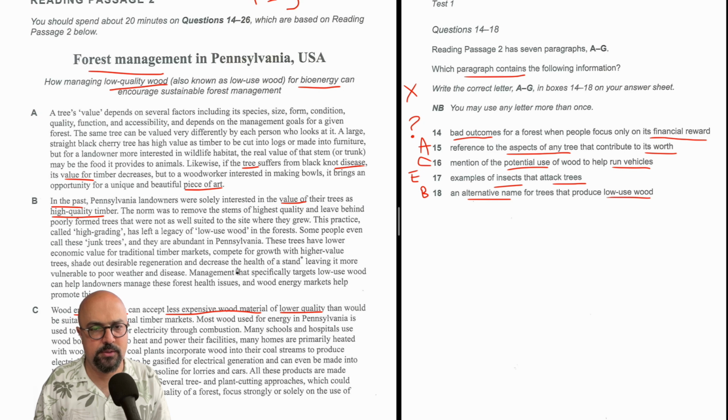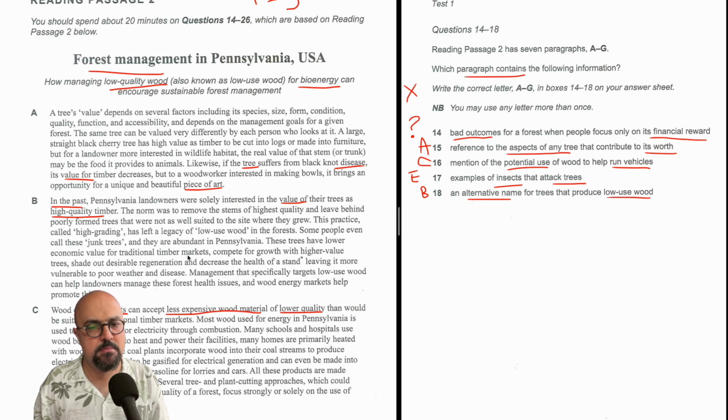Okay, the relation to create the health of a stand. Vulnerable to poor weather and disease. Management that specifically targets low can help landowners manage their forest health issues. What was that again? Bad outcomes for a forest when people focus only on its financial reward. So there's something about finances here in this paragraph. Economic value for the additional timber markets.